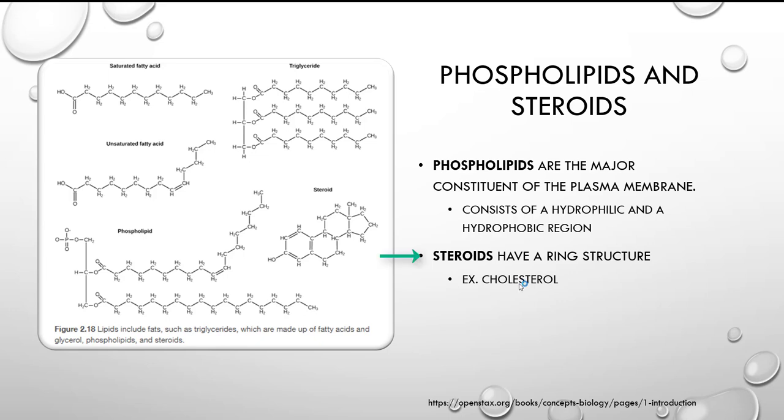And then finally we get to our steroids. So steroids are kind of interesting because they're not linked together like all of the fatty acids we've been talking about. They're in a ring structure. Okay? So they have a ring structure. And steroids, remember in our plasma membrane talk, we have cholesterol that actually is part of the cell membrane.